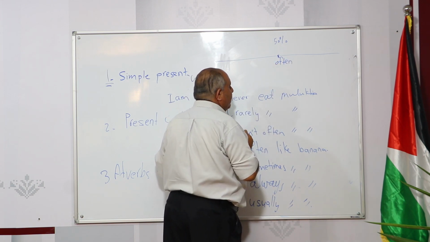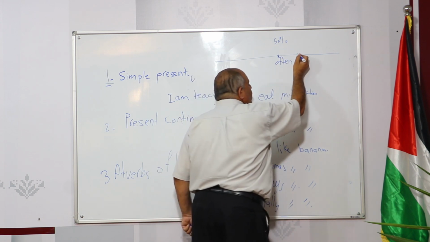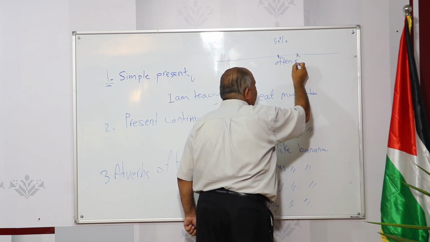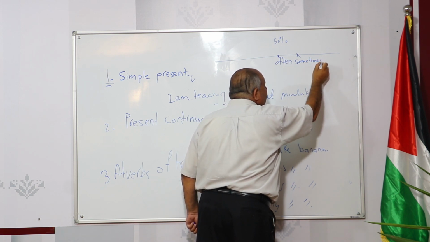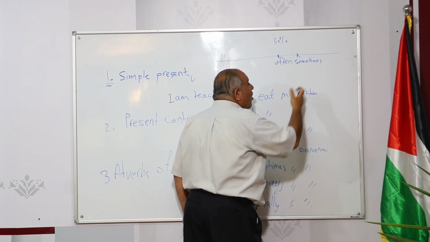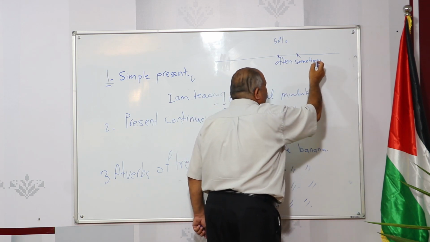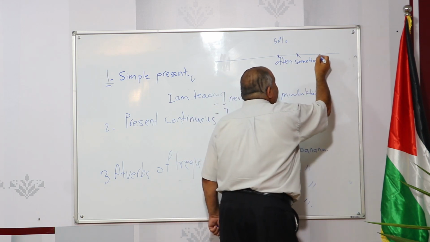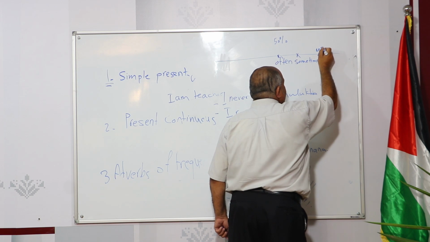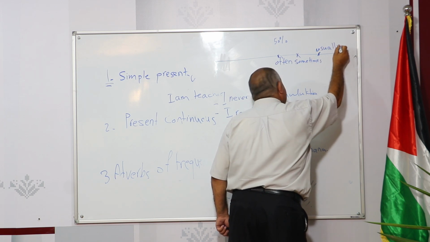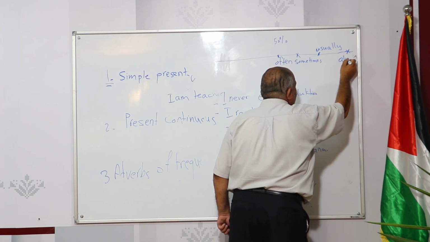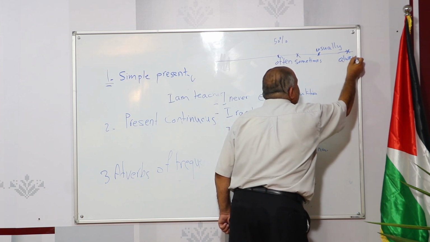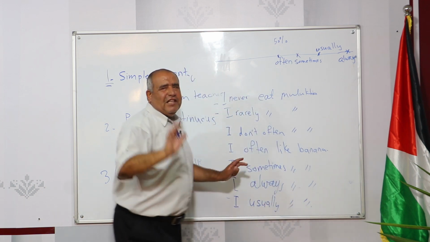After that, you put sometimes. So sometimes gives repetition of the action more than often. After sometimes, you use usually. And the strongest is always. When you say always, it means all the time.